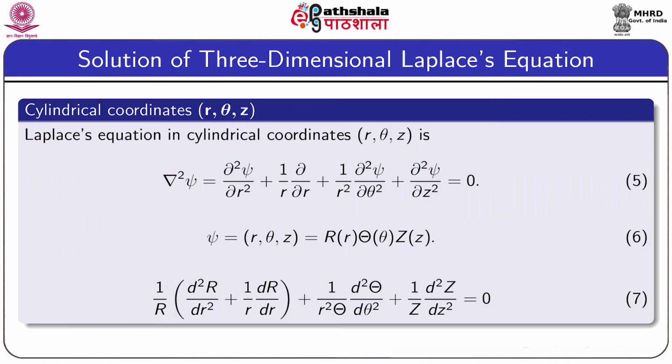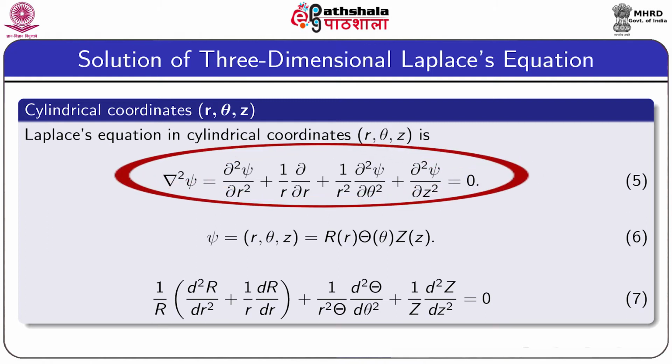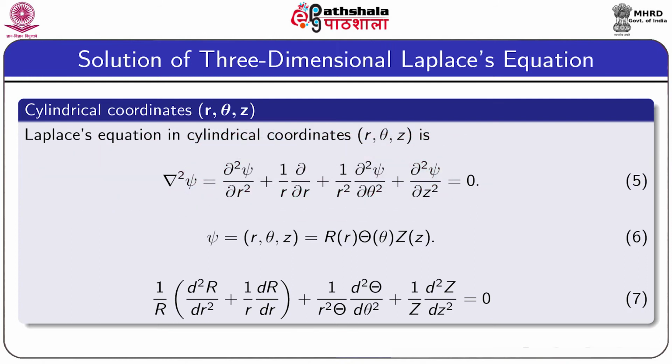Now, I am going to solve the Laplace equation in the cylindrical coordinate system. In the cylindrical coordinate system, the Laplace equation is written in the form which is given in equation number 5. Here we shall use the same technique, the separation of variables method, to find the solution.